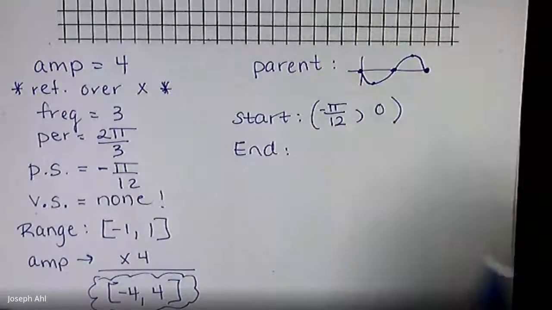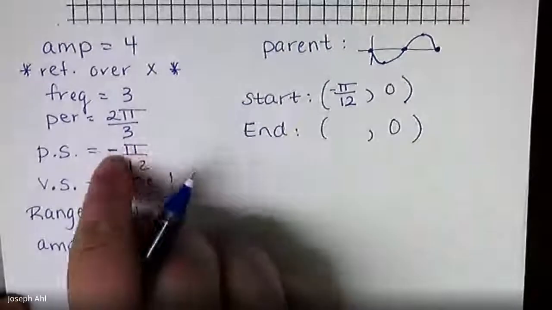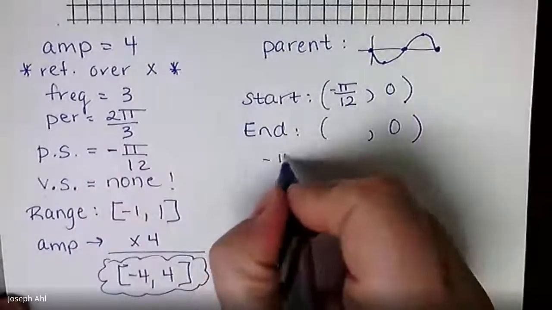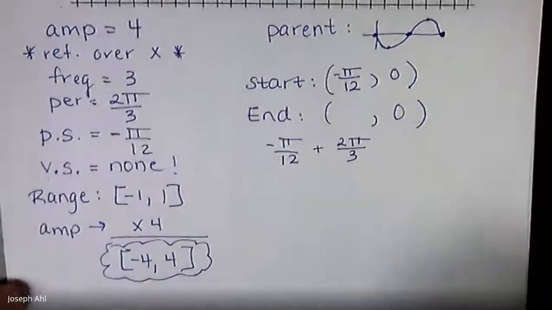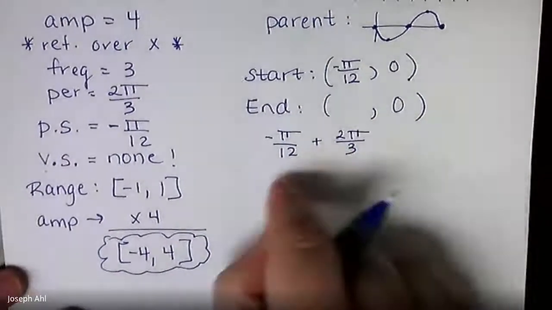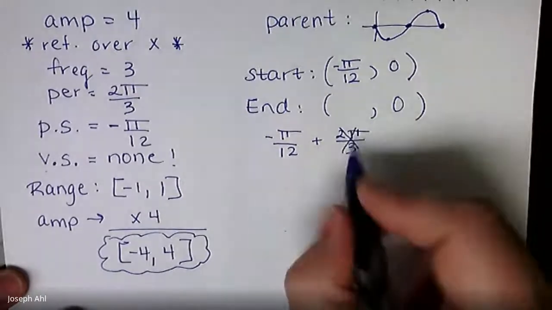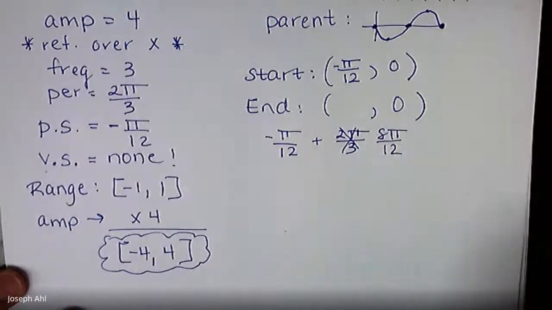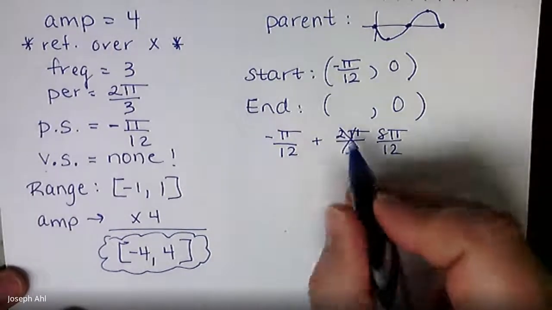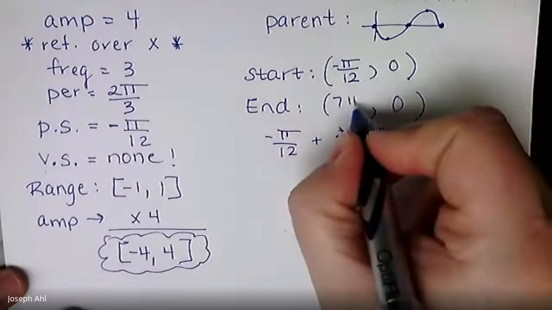So where's this end point going to be? Well, still at a y value of 0. But how do I get to the end? I'm going to take negative pi over 12 and add on the period, 2 pi over 3. Okay, that's how long it takes one cycle to complete. 2 pi over 3 with a common denominator is really 8 pi over 12. I multiply by 4 on top and bottom, so that's a total of 7 pi over 12 when I add those up.